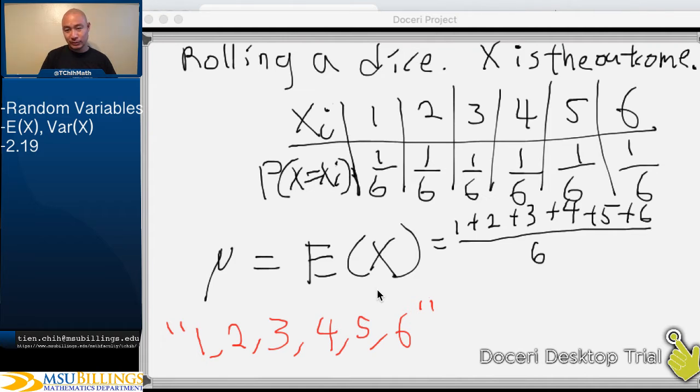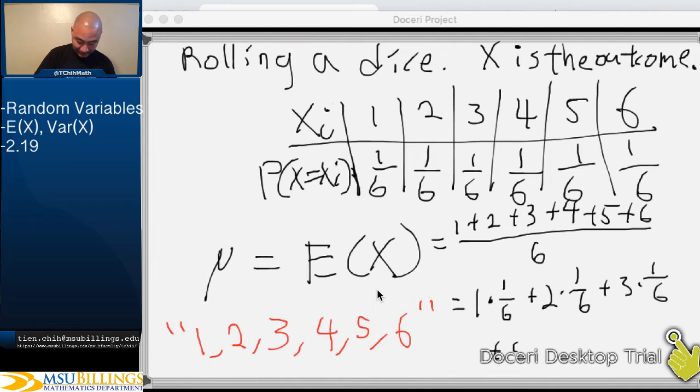But we should know that this is the same as 1 times 1/6 plus 2 times 1/6 plus 3 times 1/6 plus 4 times 1/6 plus 5 times 1/6 plus 6 times 1/6.